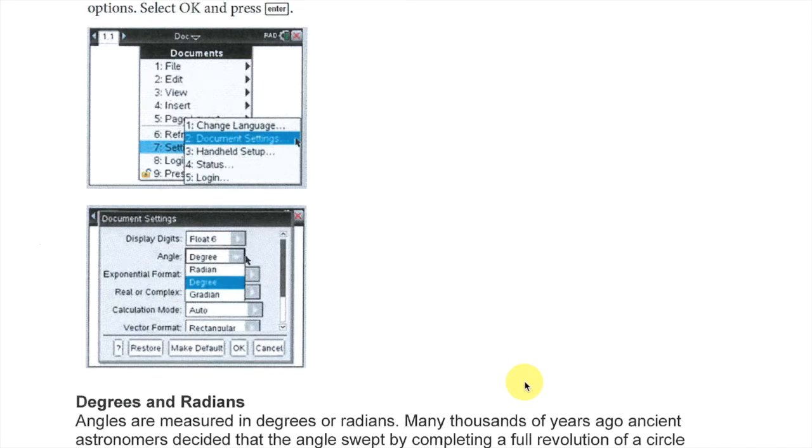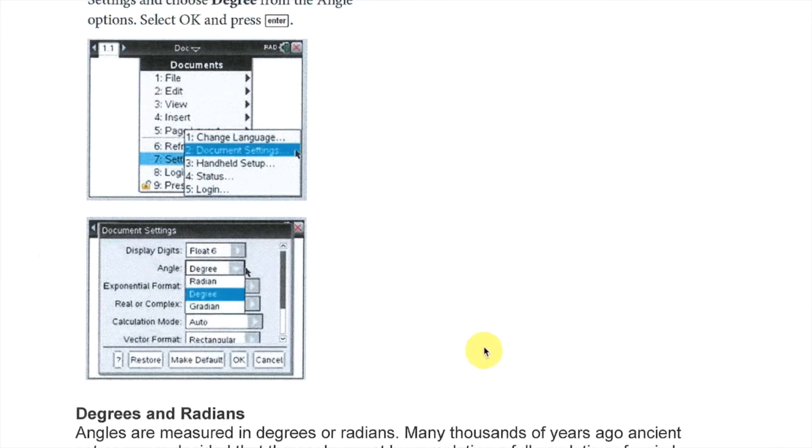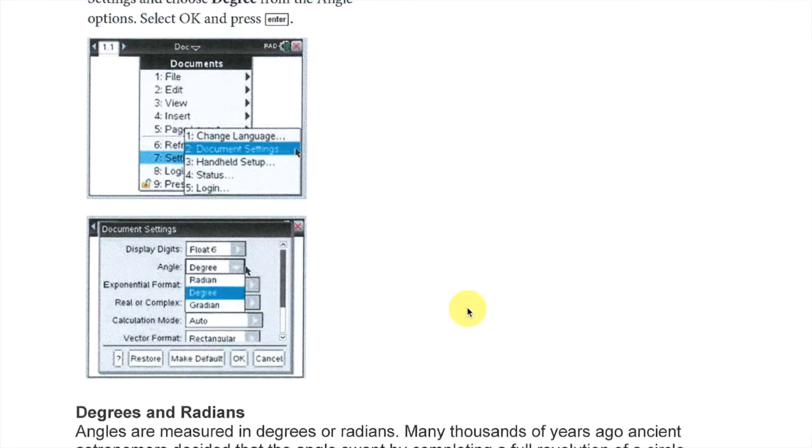You go into your settings, then your document settings, and look for the angle, and you either nominate degree or radian, and you can make that your default, or you can make it the setting for that particular document that you're working in. You are going to have to go back and forth at the beginning, but towards the end of this unit, you're going to be working in radians, and you'll do the same thing next year at Year 12.